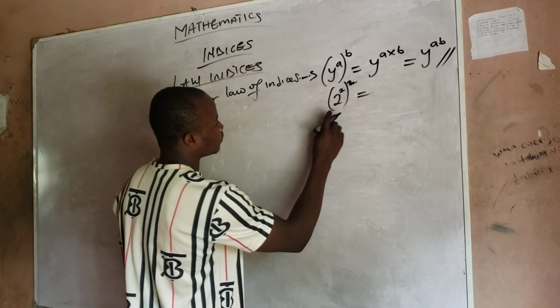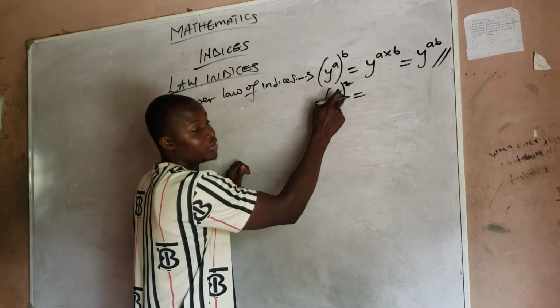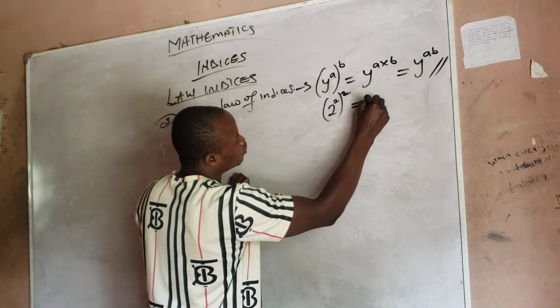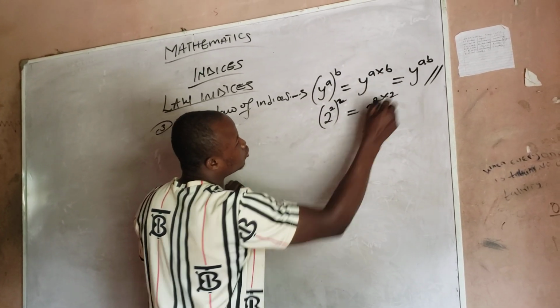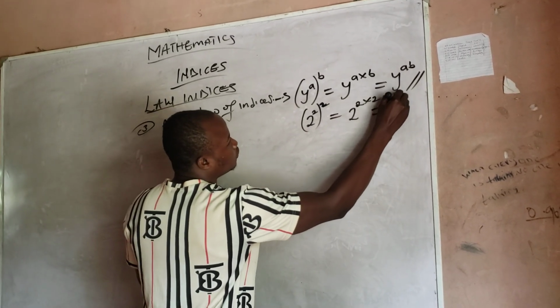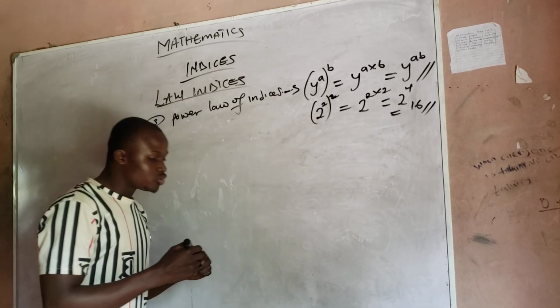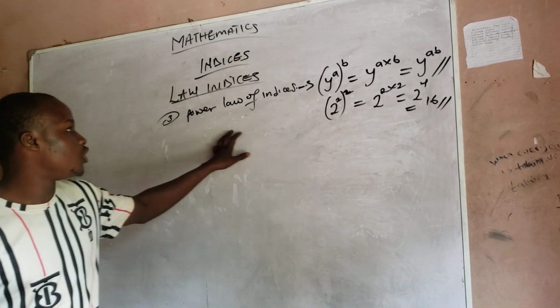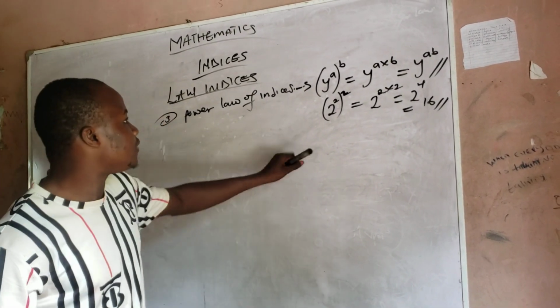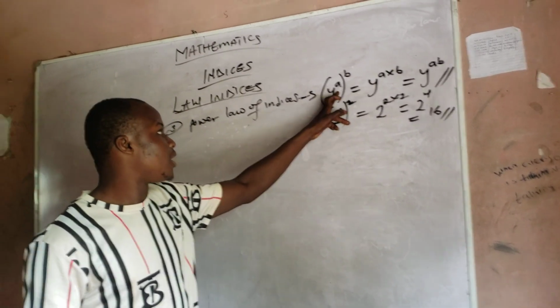The law states that you multiply the inner power with the outer power. So you have 2 raised to power 2 times 2. You see now? 2 times 2 is 4, and 2 raised to power of 4 is 16. So that is what the power law is telling us, that whenever we have something like this, this is how we do it: you multiply the inner power with the outer power.